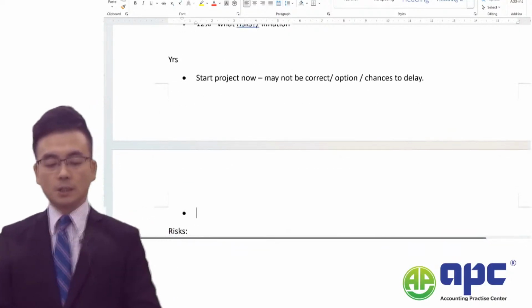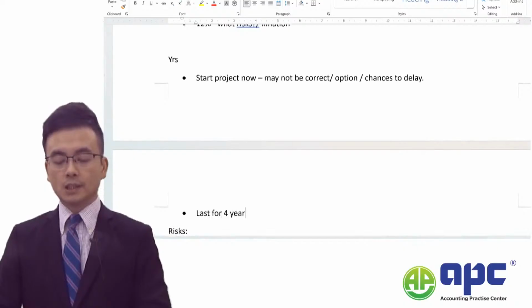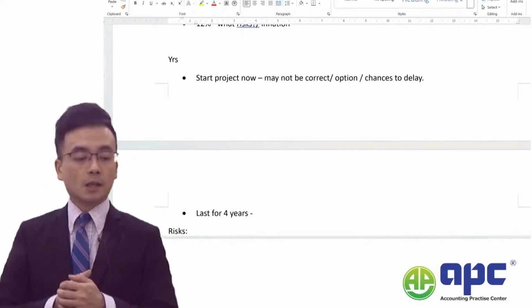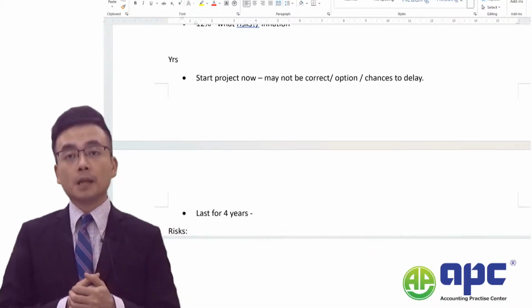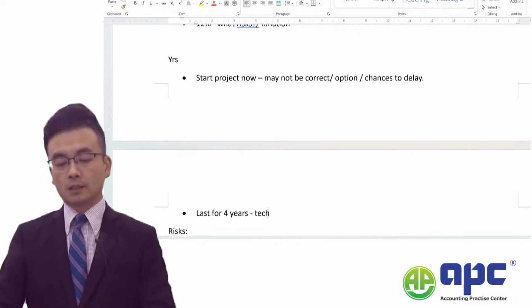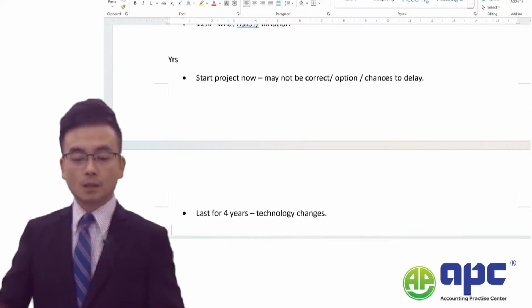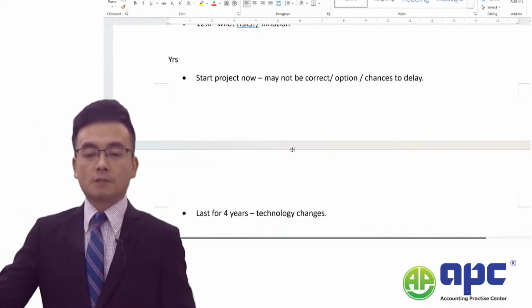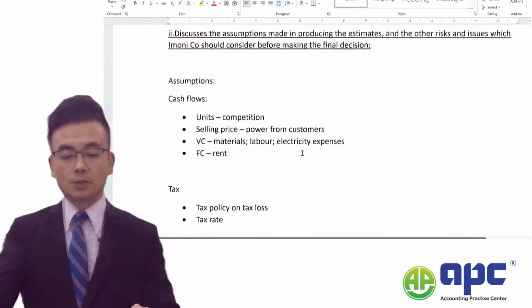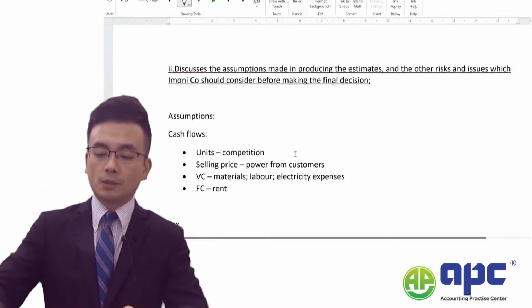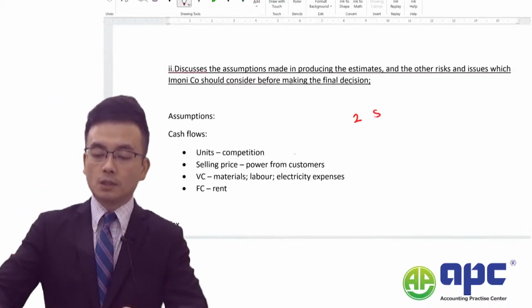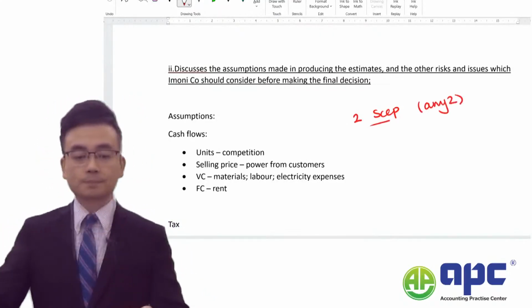At the same time, lasting for 4 years may not be possible. Perhaps technological changes may be coming into being. So remember, if you mention any two, according to the marking scheme, you will get two skepticism marks. Okay, so for any two that you just talk about there.